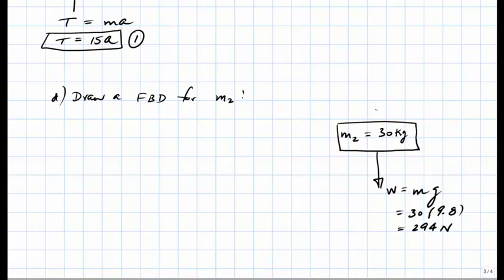And so we can represent the string's tension with this vector. This block will have an acceleration. It's going to accelerate in a downward sense, and so we can represent that acceleration with a downward arrow. And that is the complete free body diagram for mass 2. Let's move on to part E. In part E, we want to determine the relationship between the tension and the acceleration.